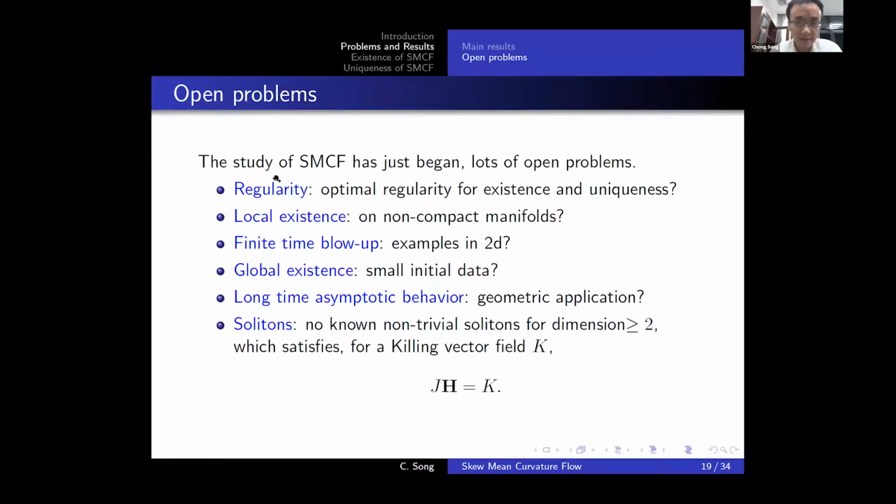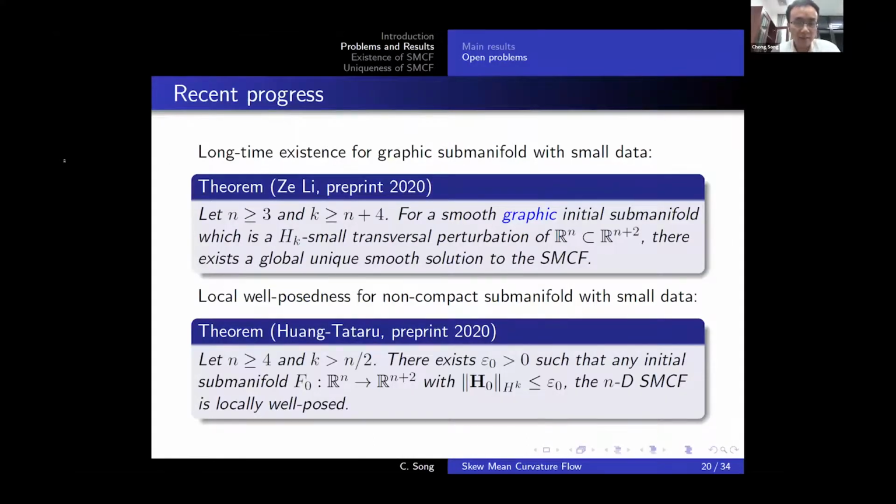Okay, next. And recently, I'm happy to see that there is some progress on some of the open problems. First, Dizhe has studied a simple case, which is a graphic submanifold. A graphic submanifold is just a transversal perturbation of the codimension 2 hyperplane of the Euclidean space. He requires the perturbation to be small in some Sobolev space.